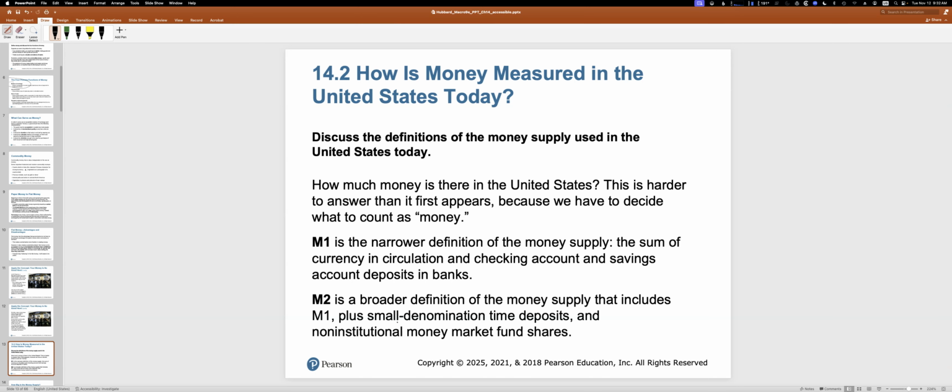Then what we can look at as well is M2, which is everything in M1 plus small CDs and non-institutional money market fund shares. So sometimes your bank allows you to either have your money in savings, which means it's the actual money, or you allow the bank to invest it in bonds and other really safe assets.